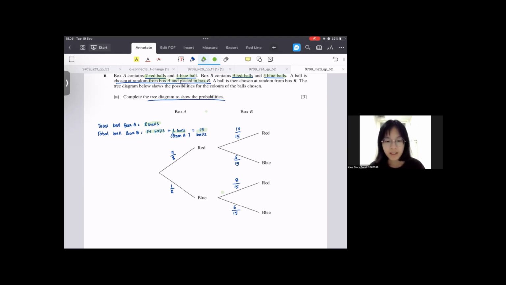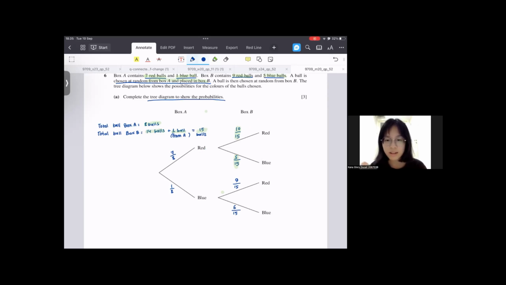For box A, there's a probability of 7 per 8 for red and 1 per 8 for blue. And in box B, there is first a probability of 10 per 15 of getting red, then 5 per 15 for getting blue, and 10 per 15 here is from 9 plus 1, because we're adding 1 red ball.